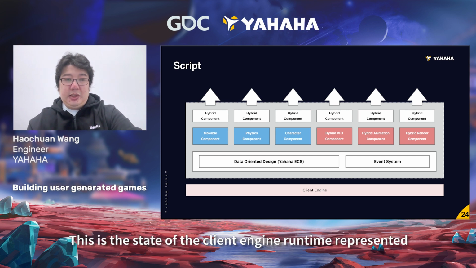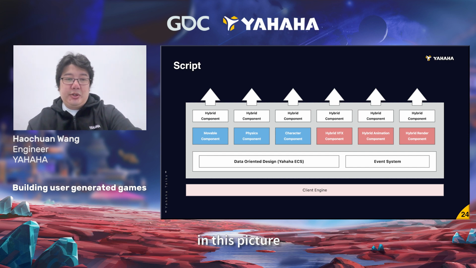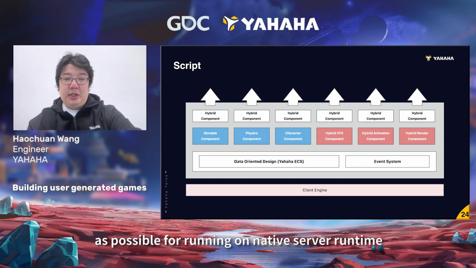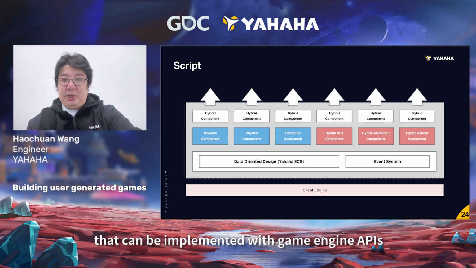This is the state of the client engine runtime represented in the picture. Blue blocks are the logical components that must be implemented with as few dependencies as possible for running on the native server runtime. Red blocks are the presentation components that can be implemented with the game engine APIs.